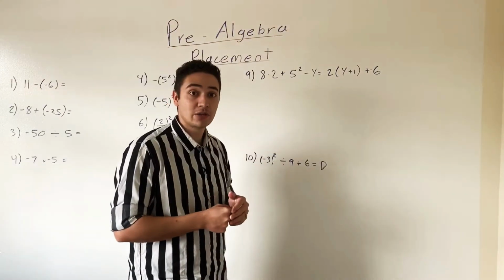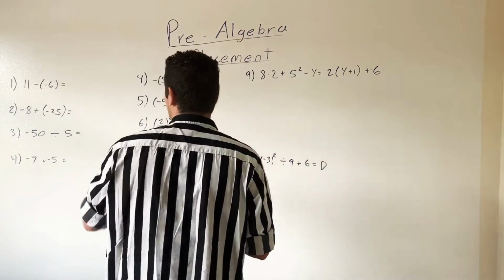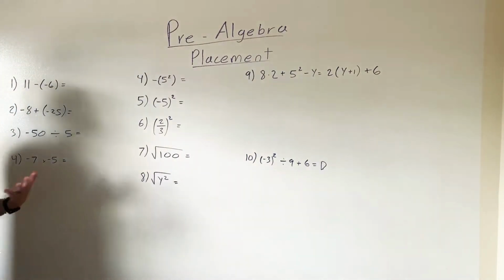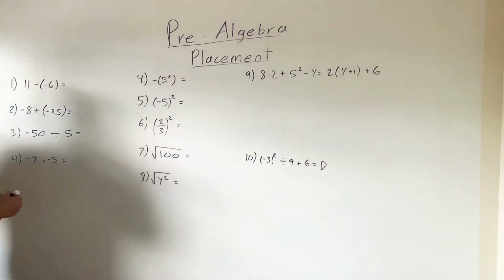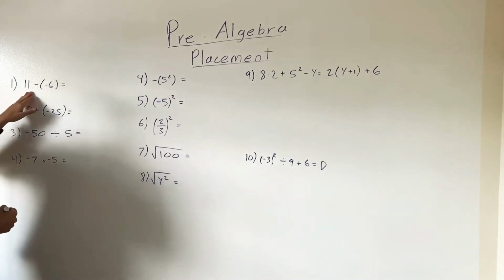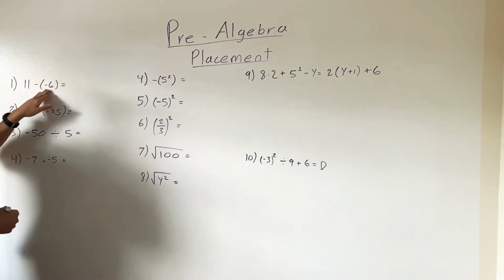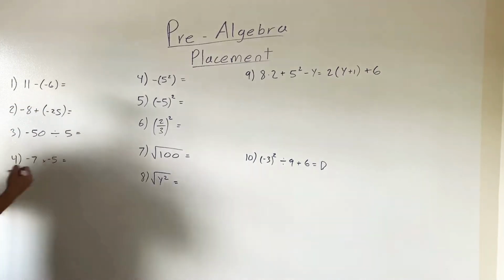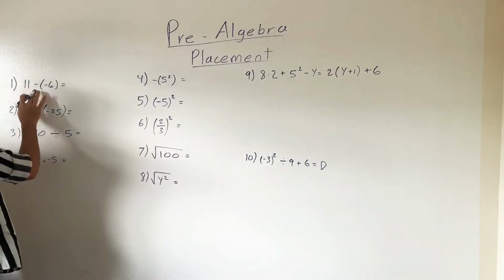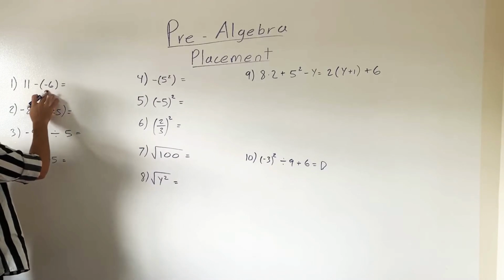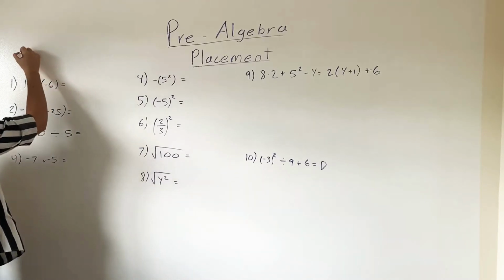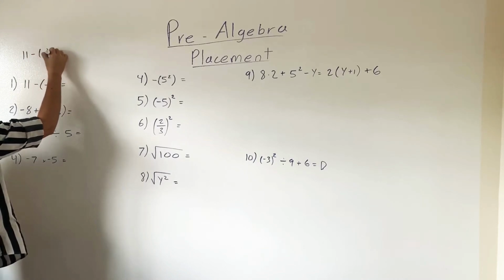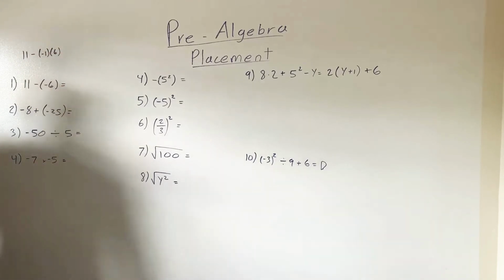Go ahead and get started with the first question, which is dealing with integers, so adding, subtracting, dividing, and multiplying integers. Here for the first question, we see 11 minus -6. A very good way to think about this is we take that negative inside of the 6, and we can treat it as 11 minus -1 times 6, okay?